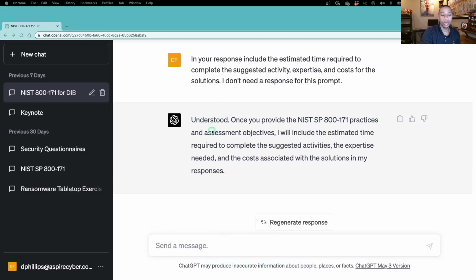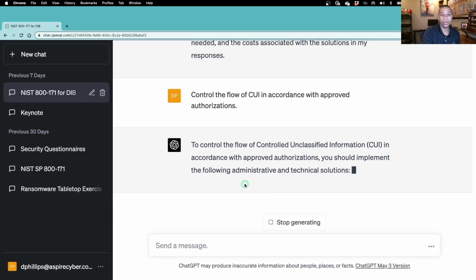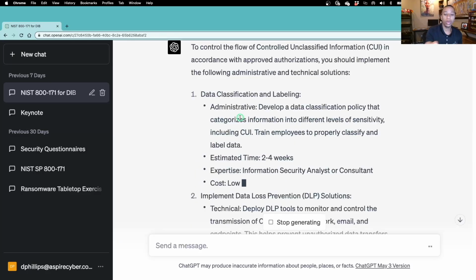All right, so at this point, we're ready to input the information about the practice for 3.1.3. Control the flow of CUI in accordance with approved authorizations. Important first step, we'll make sure we're labeling that CUI, where it's categorized as controlled unclassified information.